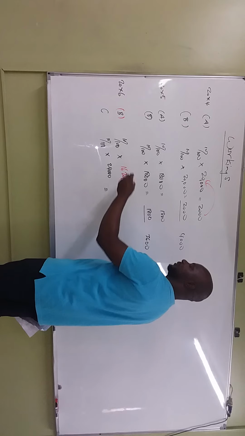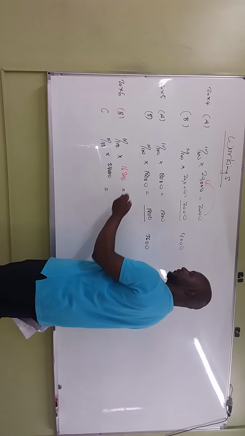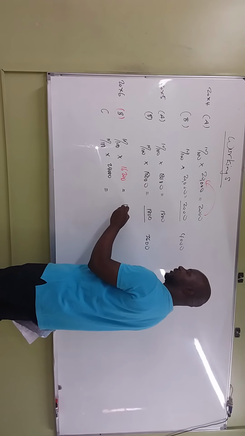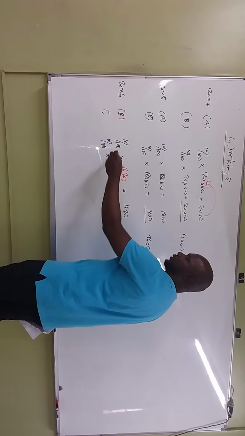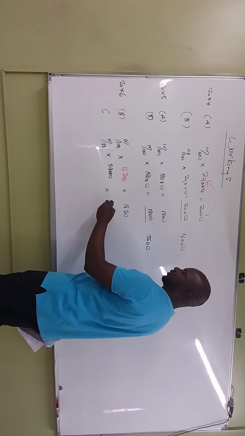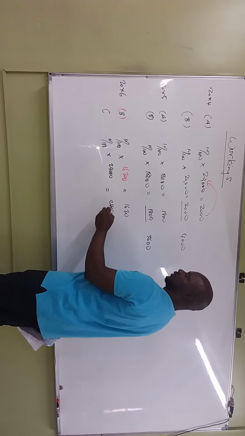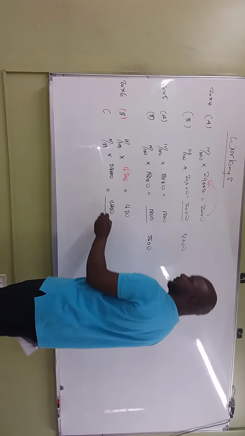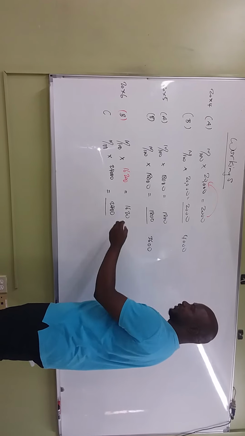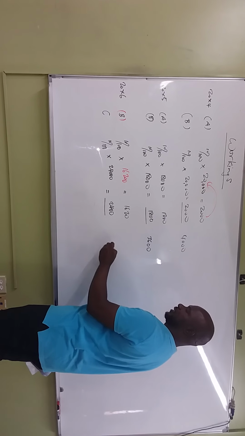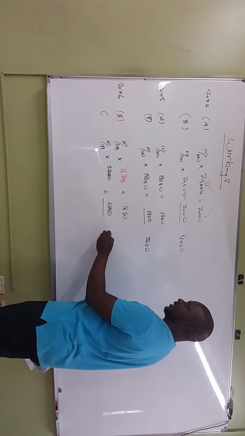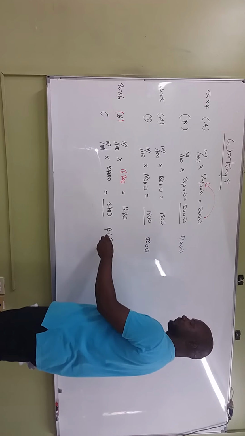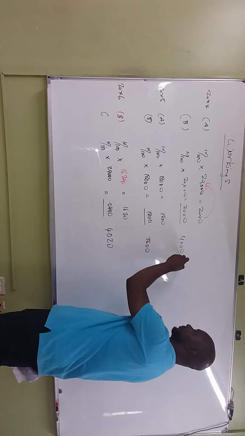So 10% here gives us 1,620, whereby 10% of this would have given us 2,400. So the total depreciation charge there would have been 4,020.